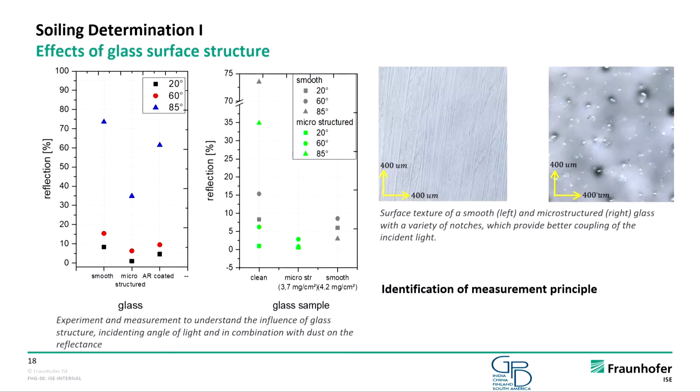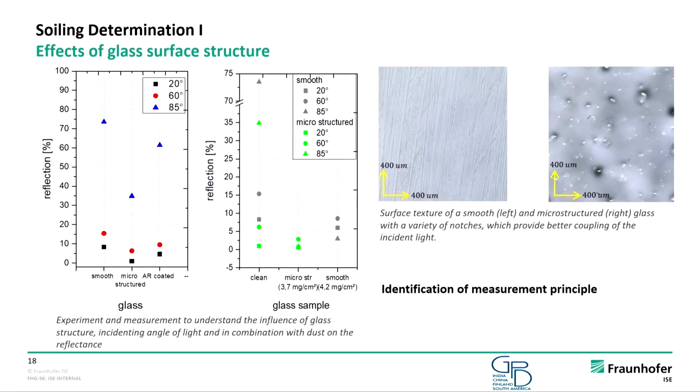What is shown here are the pre-measurements. Let's say we identify the measurement principles of the soiling sensor, what kind of inclination angle we should take, what is if we have a structured glass, what is if we have a smooth glass. The first graph shows the inclination angle, and we choose the 85 because then we have a high sensitivity of the reflectance in order to measure all the other glass types as well, the smooth and the microstructured.